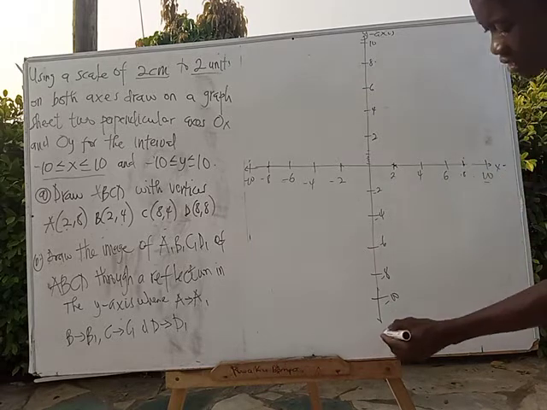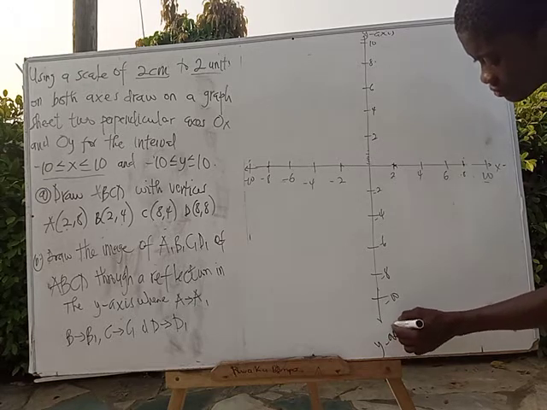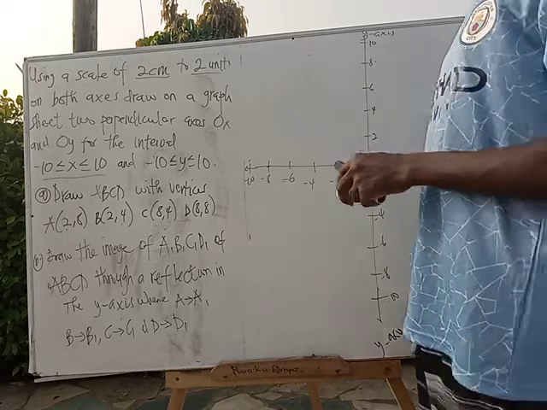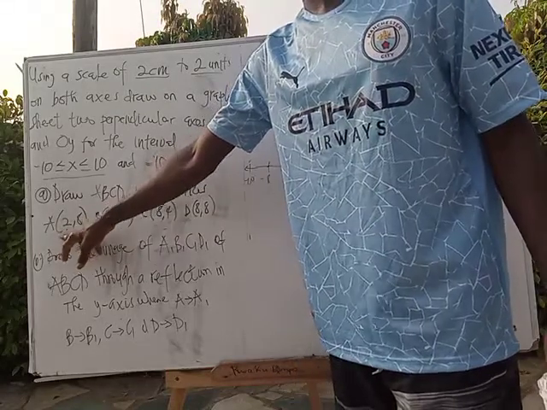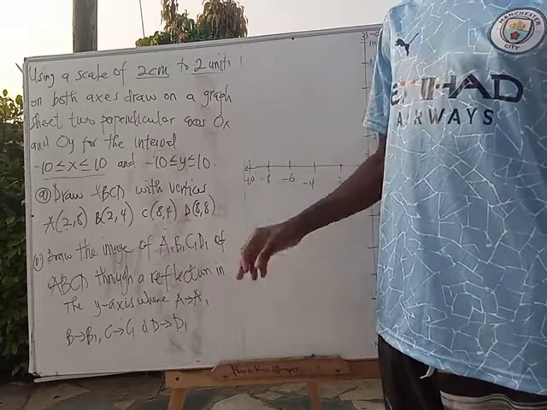So don't forget, the vertical one is the y axis, and the horizontal one is the x axis. Okay, so we are to draw ABCD with vertices A (2, 8), B (2, 4), C (8, 4), and D (8, 8).